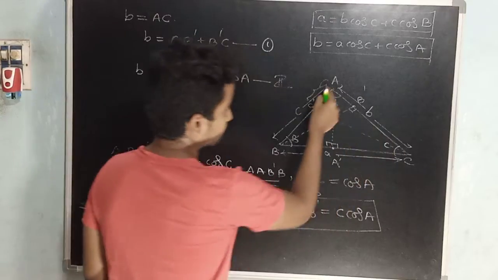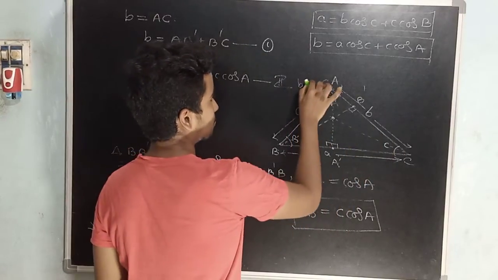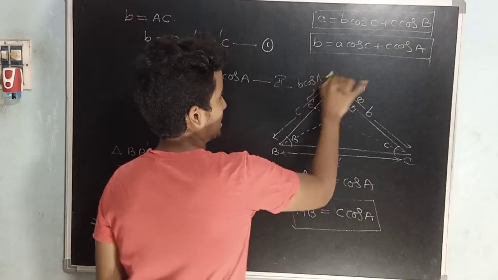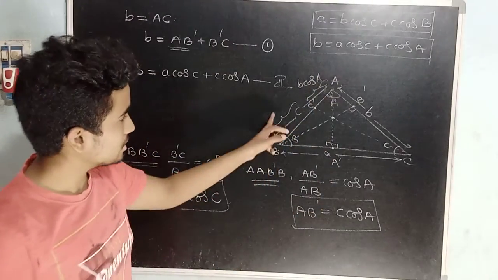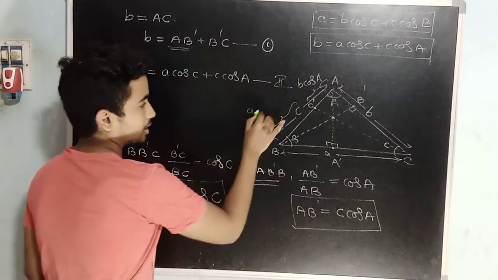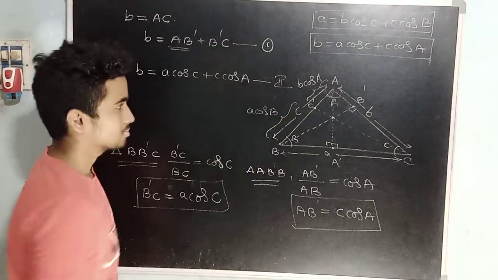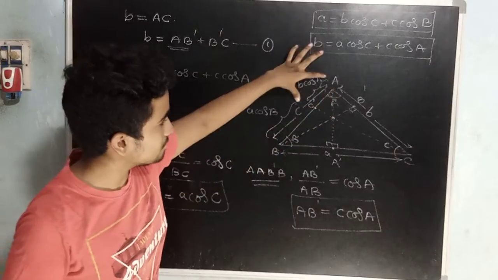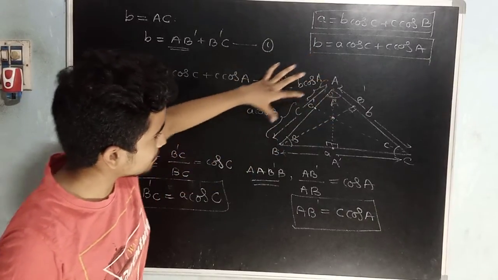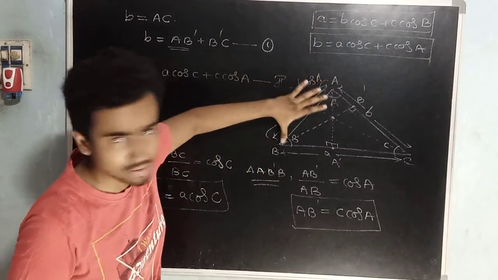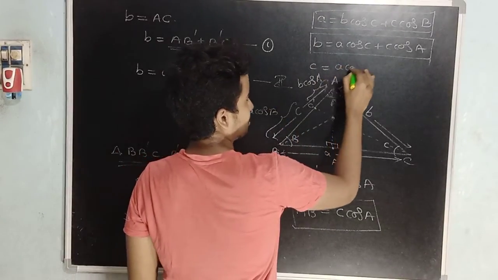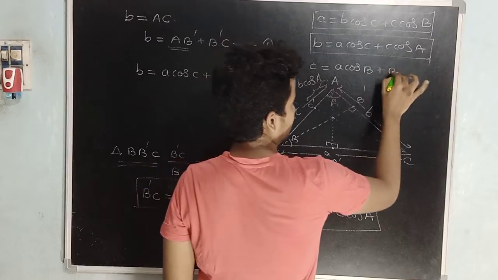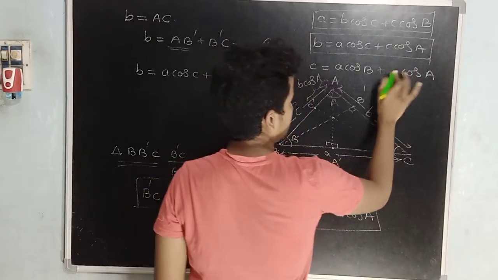We get b cos A, and a cos B, and this length plus this length is nothing but the length of this side, which can be taken as c is equal to a cos B plus b cos A.